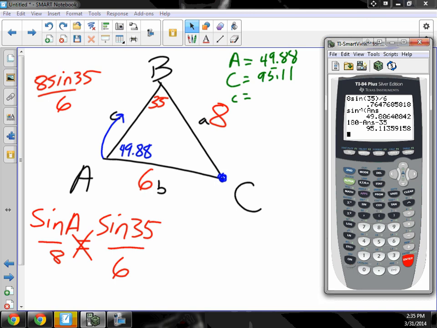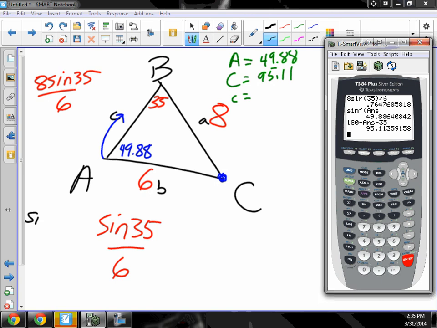So I'm going to take my original, and I'm going to replace the B with C. No, the A with C. So this will be the sine of 95.11 over C. Everybody okay with that?